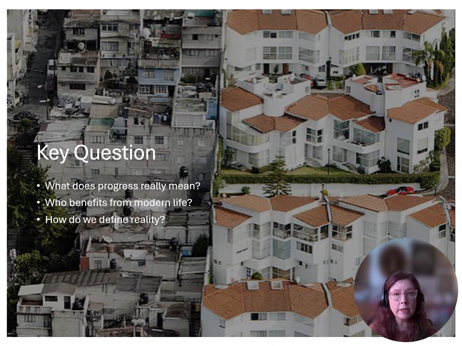And then finally, how do we define reality? Wow, we have been talking about this since the beginning of the course, haven't we? Started with Plato and the allegory of the cave. What is truth? Because this might be the most important shift of all.